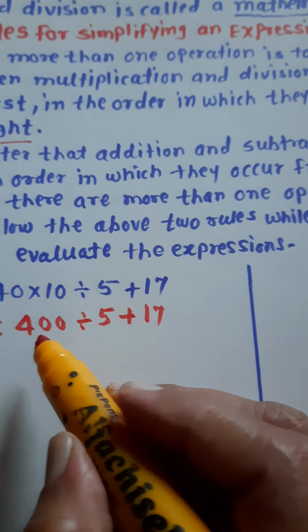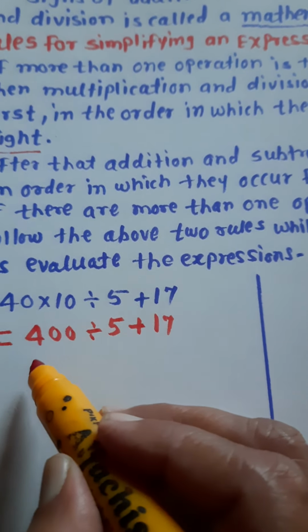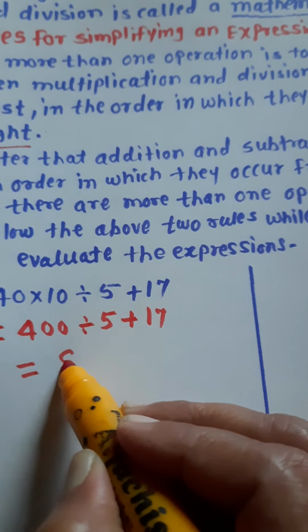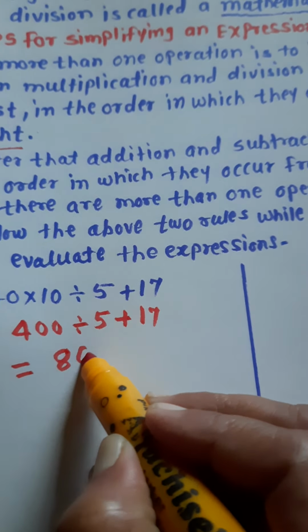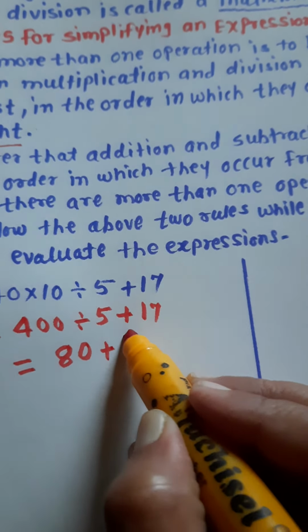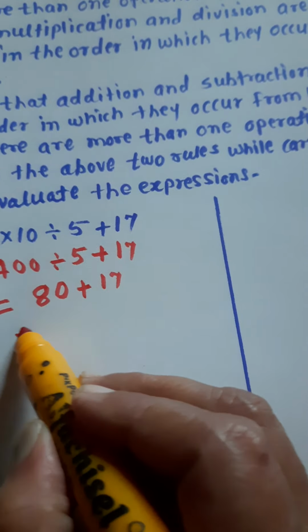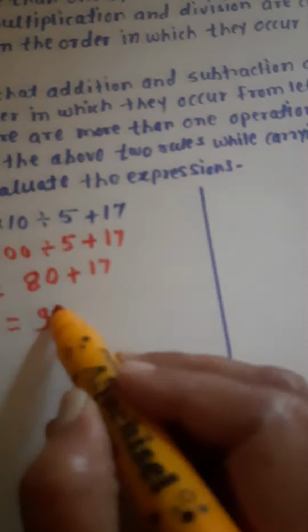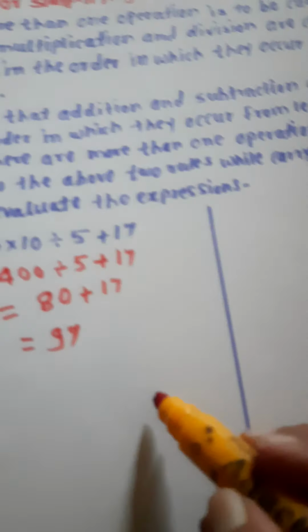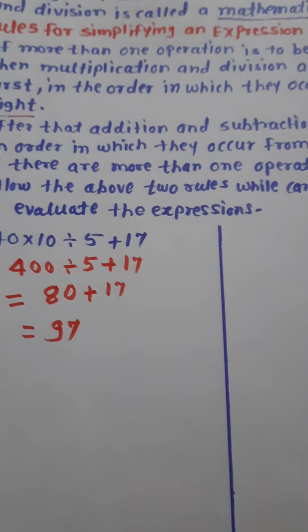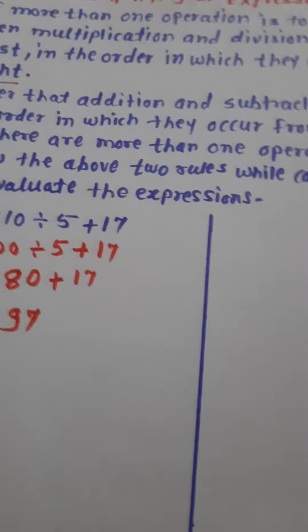Then we have to do division. 140 divided by 5 is 28, plus 17, and the answer will be 45.